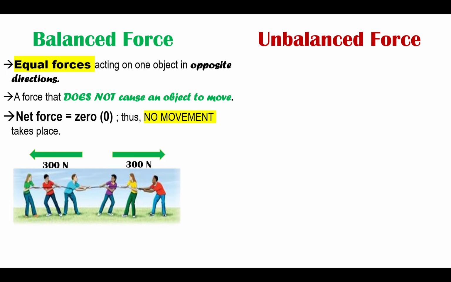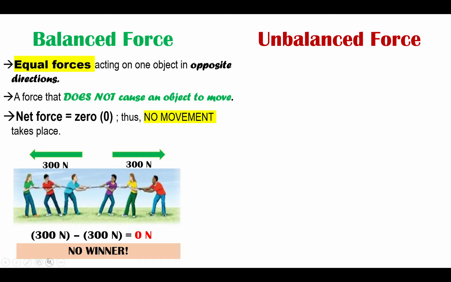Because the forces are equal in size and opposite in direction, they cancel each other out. This means that the net force here is zero, because 300 Newton minus 300 Newton is equal to 0 Newton. Since the rope does not move, there's no winner for this particular game.